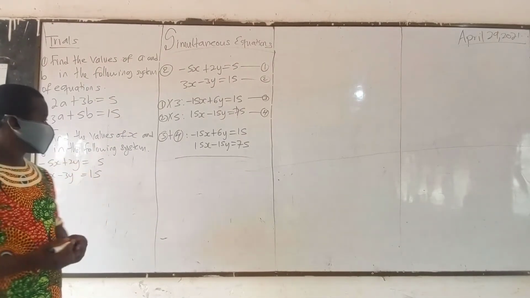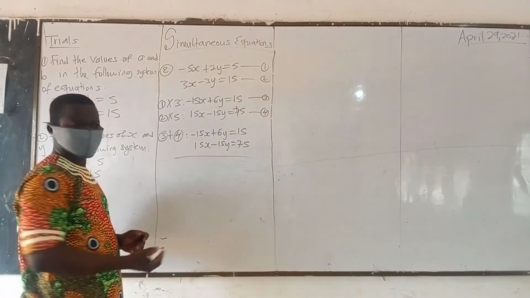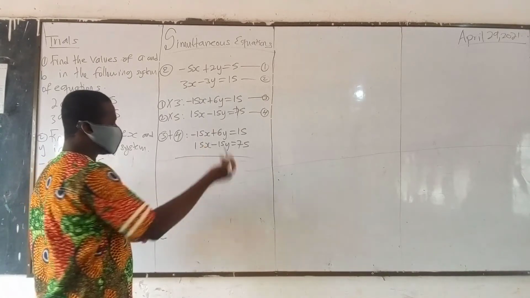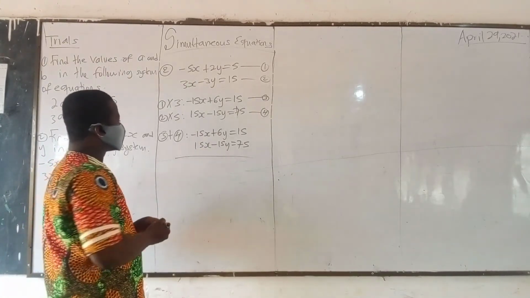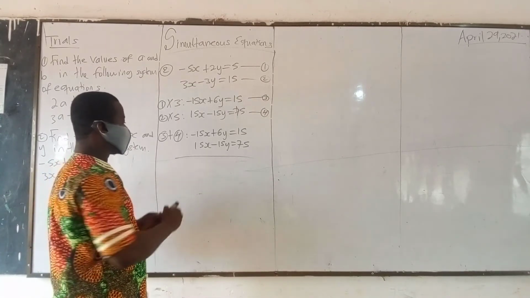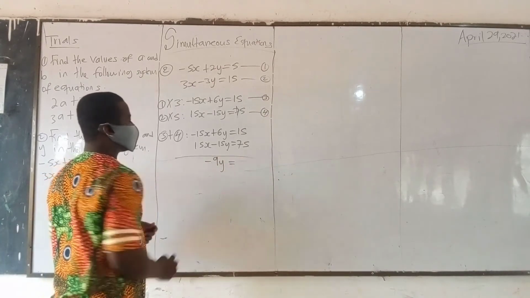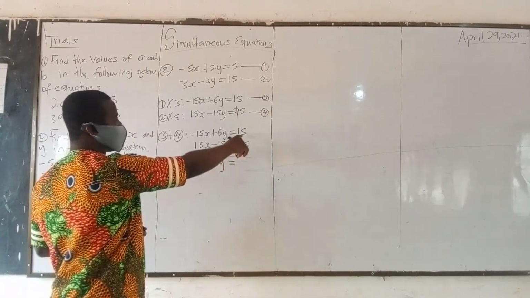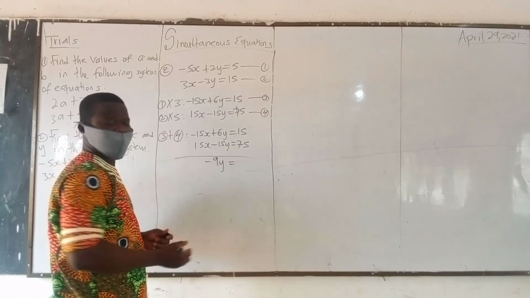Now, negative 15x plus 15x gives us 0. Then 6y plus negative 15y gives us negative 9y. Bring your equal sign. 15 plus 75 gives us 90.